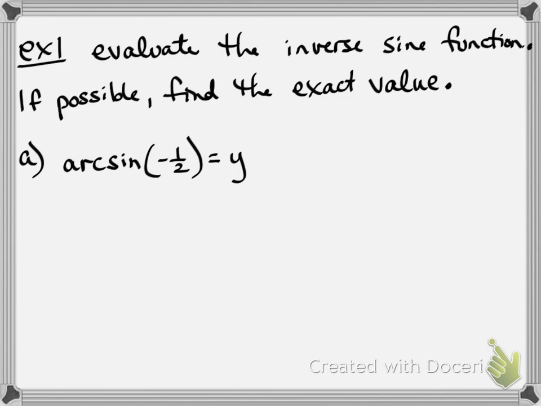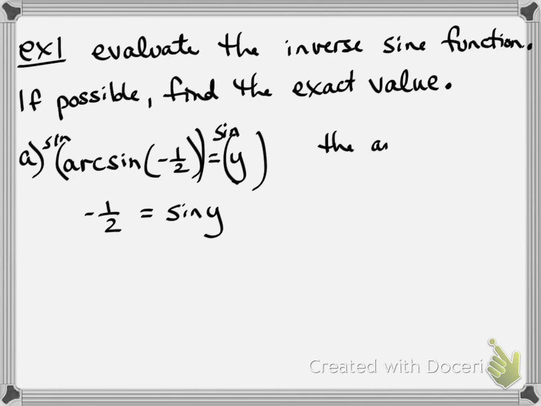And then actually, I like to take the sine of both sides. Sine of the arcsine is negative 1/2. So I'm looking for the sine of y. I'm looking for the angle whose sine is negative 1/2.